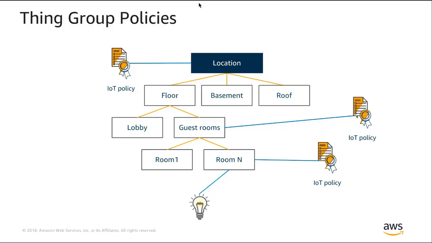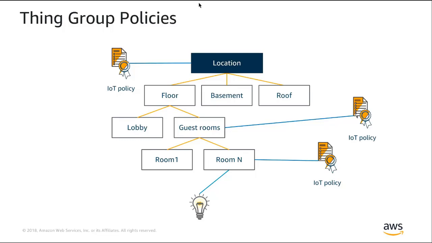You can extend this policy down the hierarchical tree. So I could create another policy that says if you're in a guest room, you get additional permissions to publish to a guest room topic, and so on and so forth. We found that this allows customers to really control and manage their IoT policies at a group level, as opposed to doing it at an individual device level.